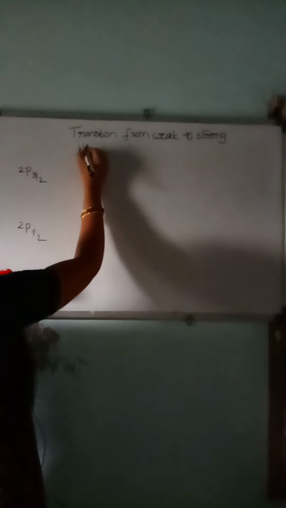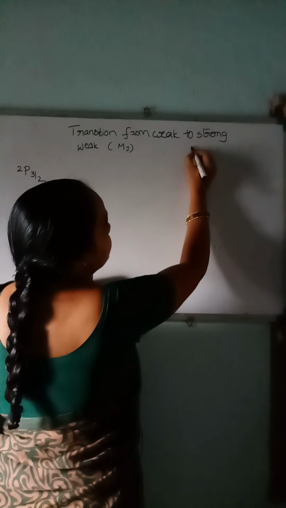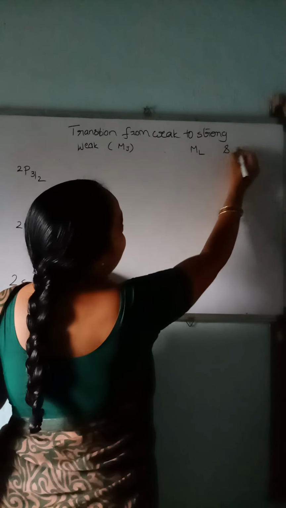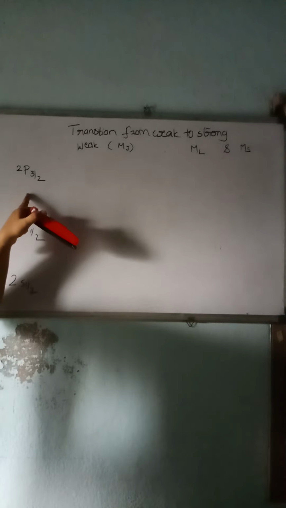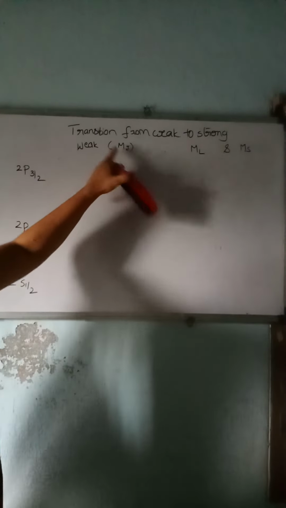In a weak field we should consider the quantum number Mj. During the transition we need to take the values of Ml and Ms. So for this state 2p3/2, the possible values of Mj are plus 3/2, plus 1/2, minus 1/2, minus 3/2.